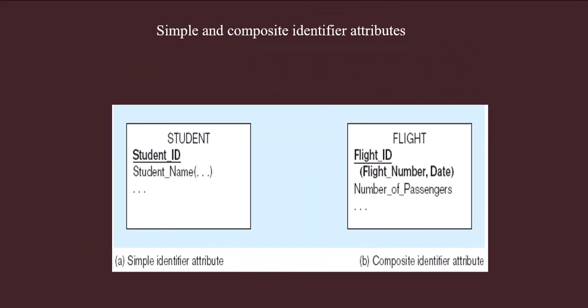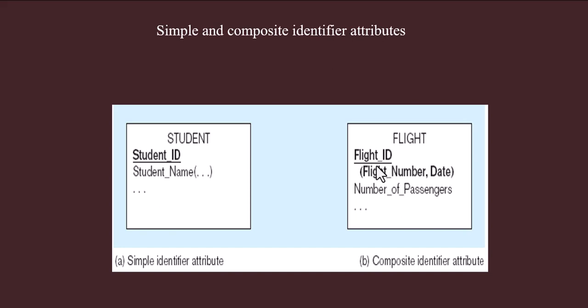Simple and composite identifier attributes. So if we see, this is a simple identifier attribute, student name, student ID. So in this entity, the student ID attribute is an identifier attribute, and this is the composite identifier attribute.